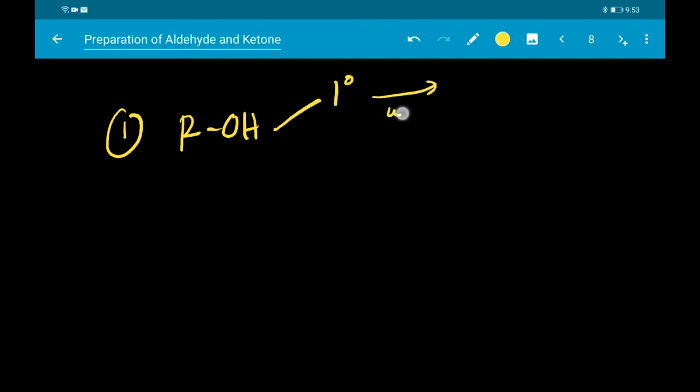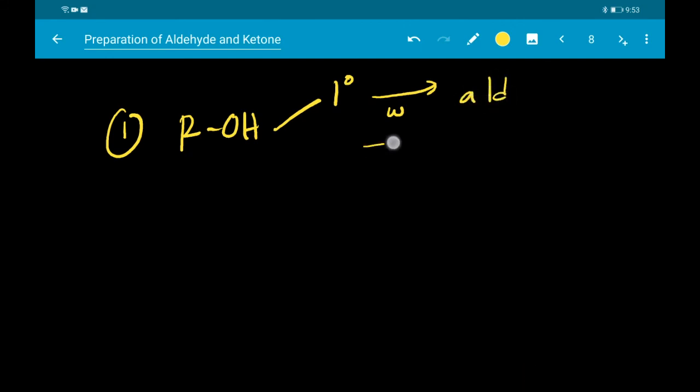That's all you need to know about the preparation of aldehyde and ketone. In summary, both can be prepared from two compounds. The first is alcohol. If we have a primary alcohol, we need to oxidize it with a weak oxidizing agent so that it stops at the aldehyde.